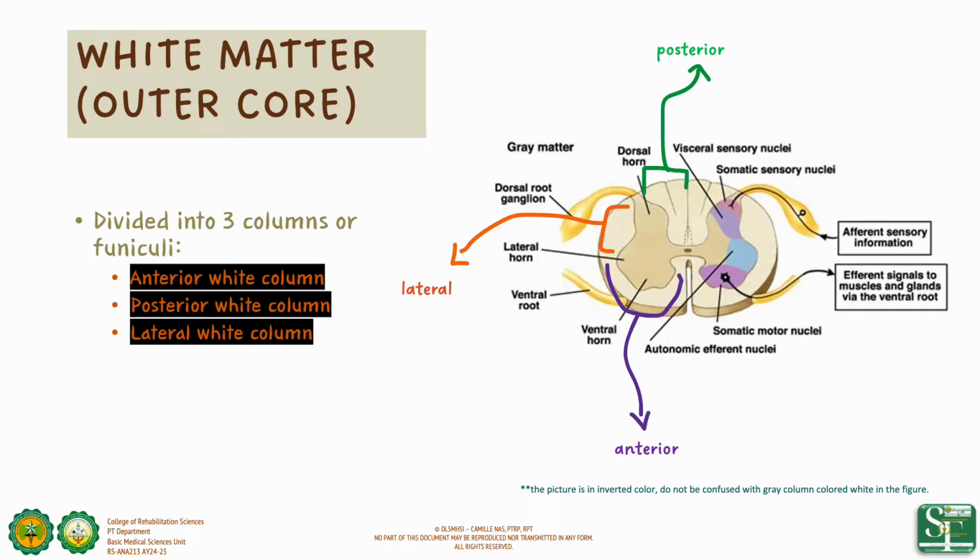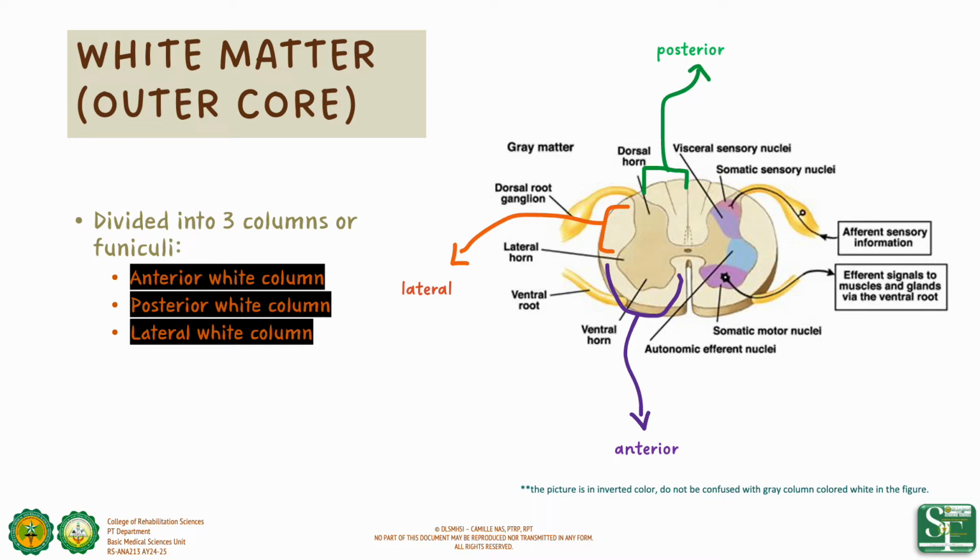Okay, just like your gray matter, this is also divided into columns. We have the anterior, posterior, and the lateral white column. That's why, as I said earlier, let's just use the term horns for the gray matter, so we don't get confused. Okay? So, we still follow the somatotopic organization.